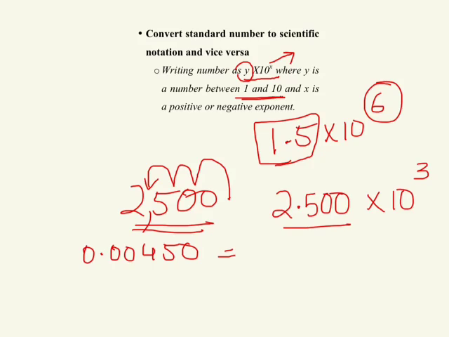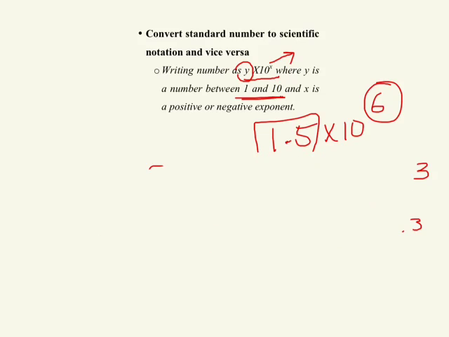So you're moving the decimal 3 places in the forward direction, which makes it 4.50 times 10 to the negative third.